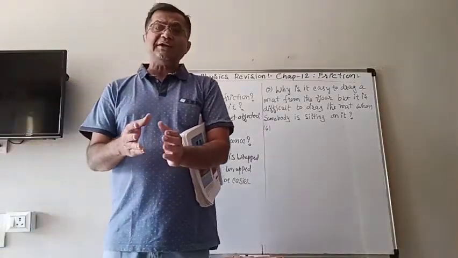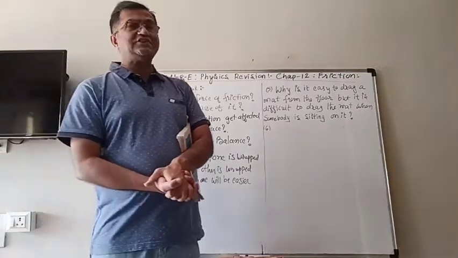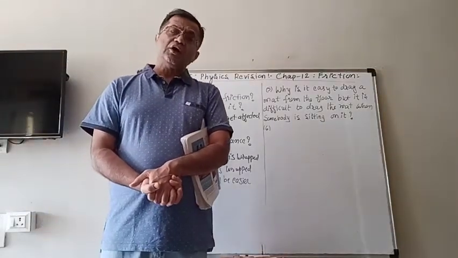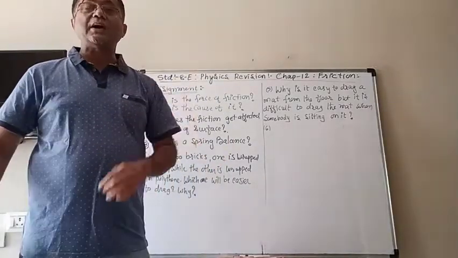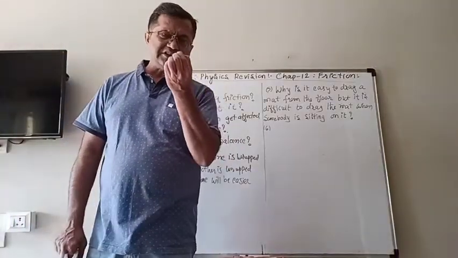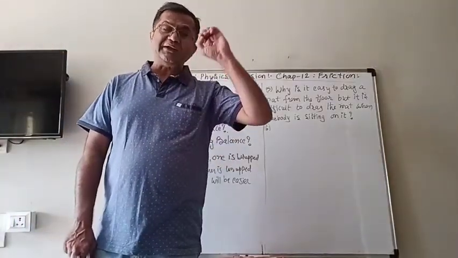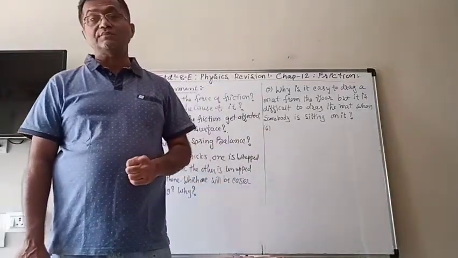But comparatively on a smooth surface, we think that it is the smoothest, but on a smooth surface like marble also, it is not completely smooth. Small ups and downs will be found on those materials also.